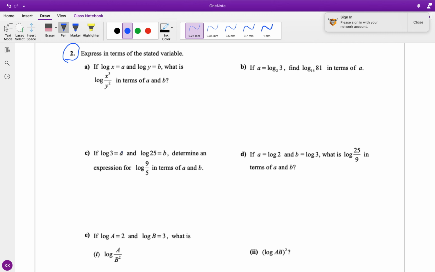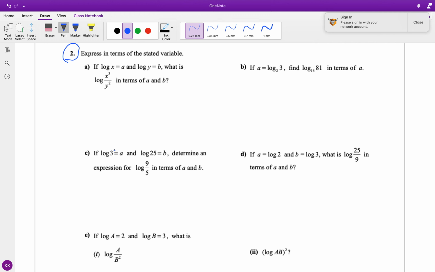Given log 3 is A and log 25 is B, express log 9/5. First of all, right away you can see this could use the quotient rule to become log 9 subtract log 5.